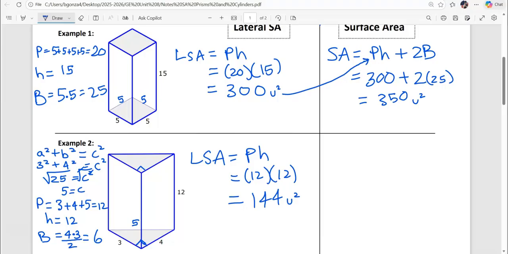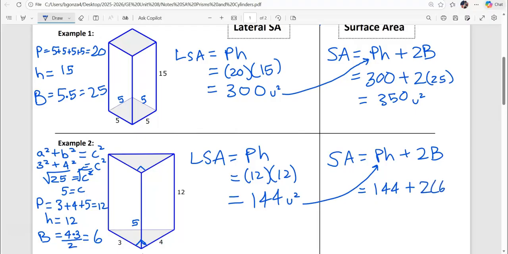Also, surface area, which remember means total, is going to be that PH we already found plus 2B, big B, area of the base. So we already know PH is 144 plus 2 times the area of the base, which we said was 6.